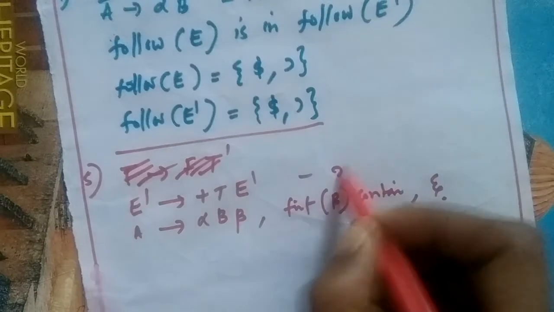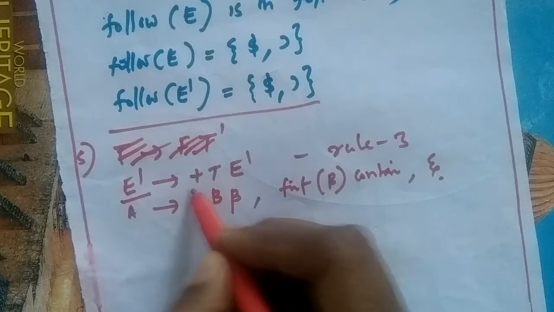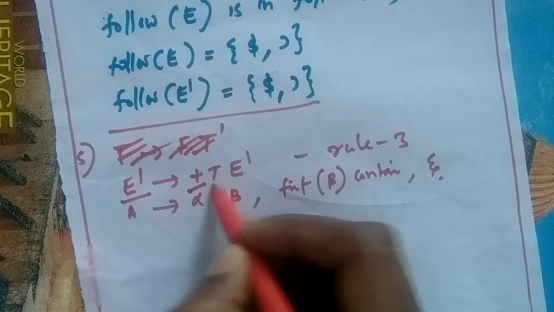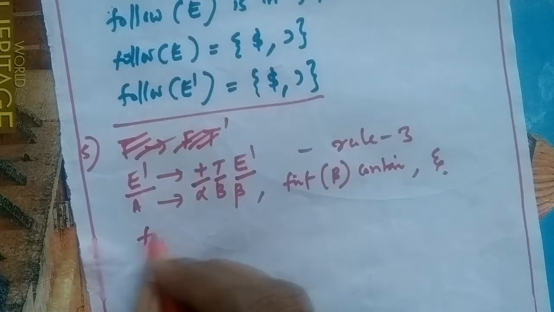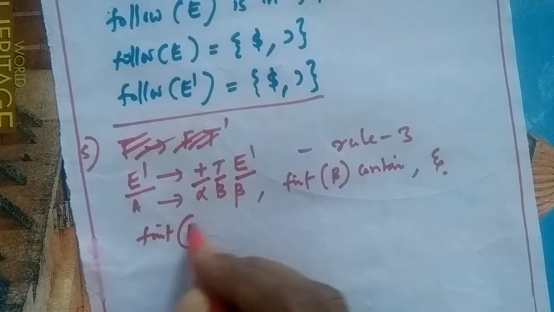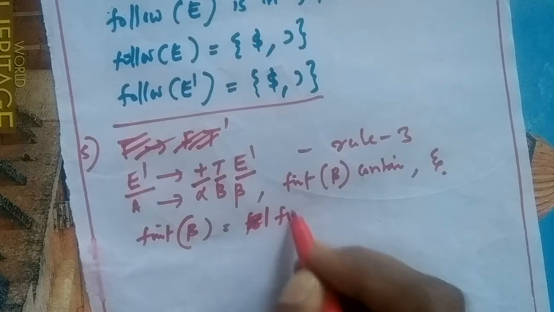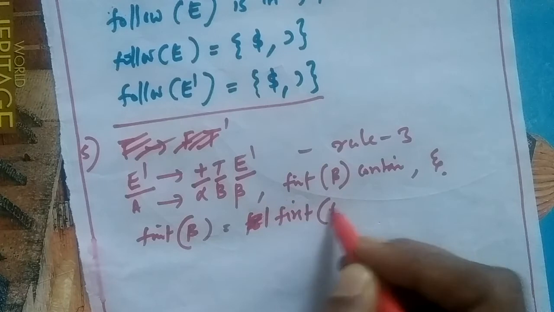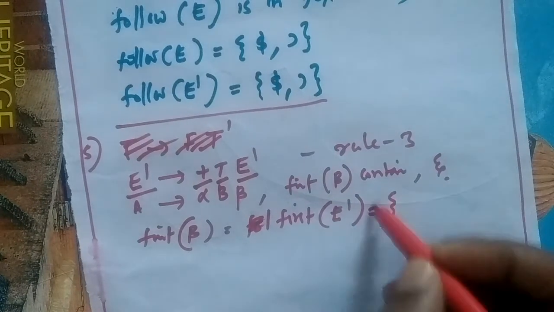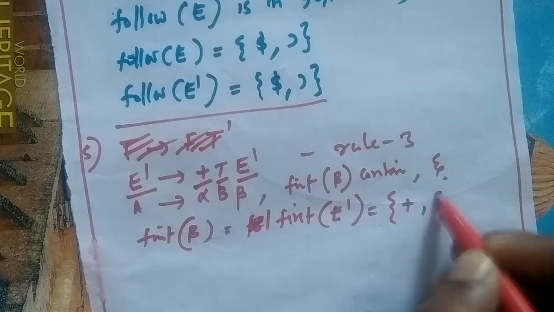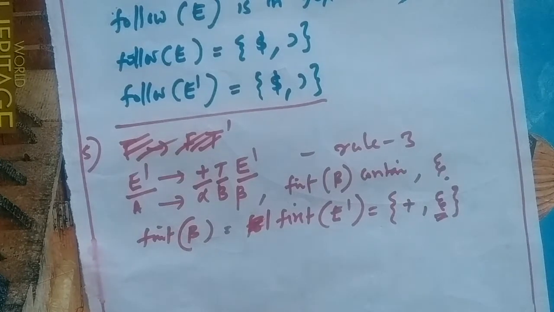That means rule 3, because this is A, this is alpha, this is B, this is beta, and I will check what is first of beta. First of beta is first of E dash. First of E dash contains plus and epsilon. So yes, epsilon is there in first of E dash, so we can apply rule 3.